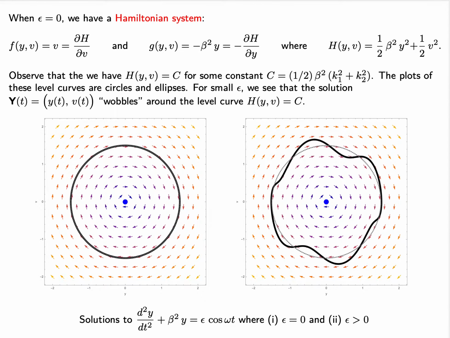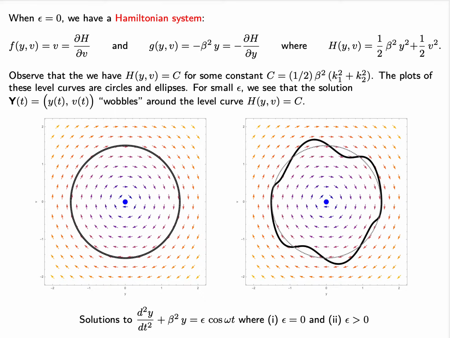When our forcing amplitude epsilon equals 0, we have a Hamiltonian system. That is, we can find an energy function H so that f is the partial of H with respect to v, and g is negative the partial of H with respect to y.